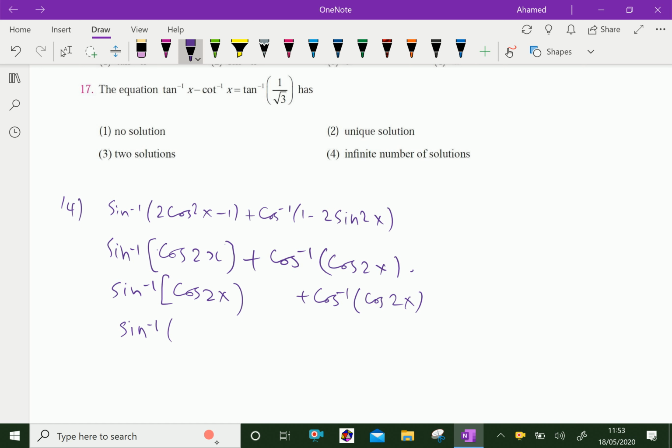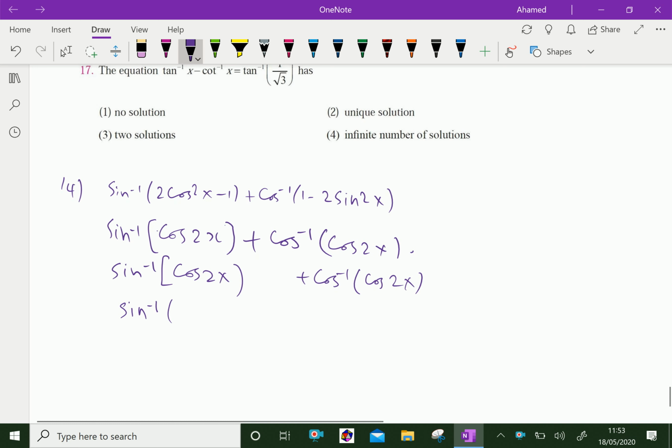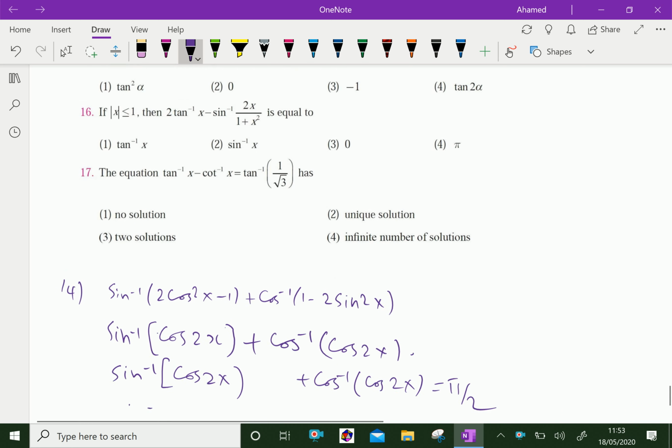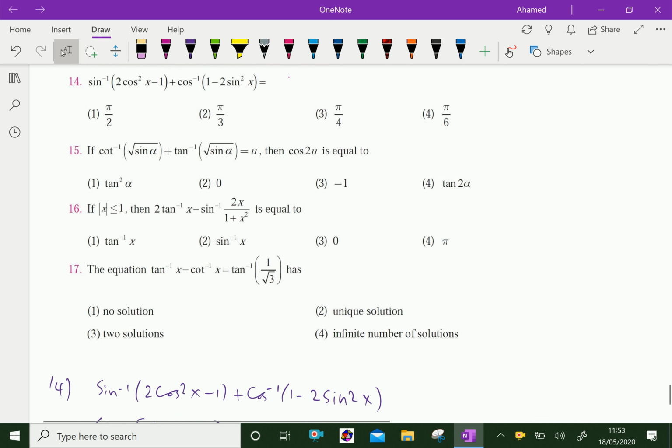We know that sine inverse 2x plus cos inverse 2x is pi by 2. So which option is 14? Option 1.